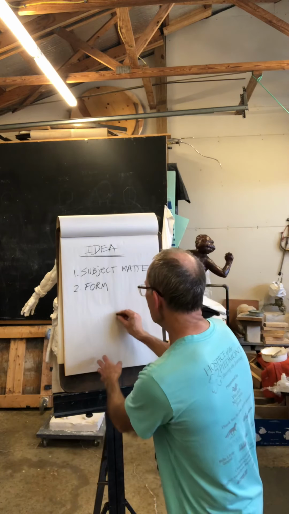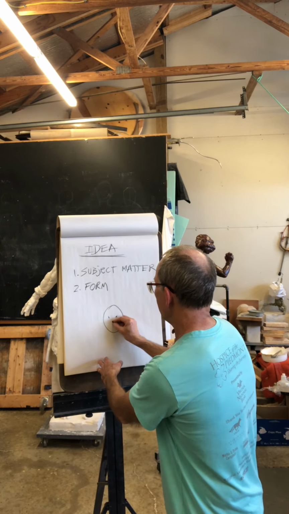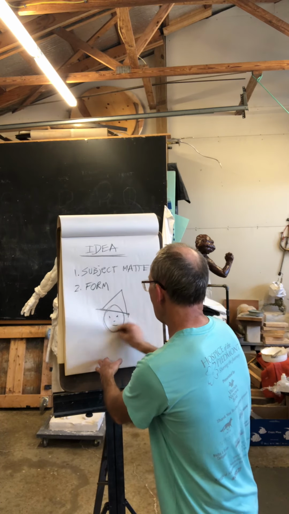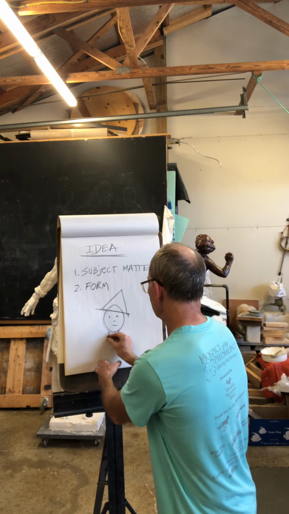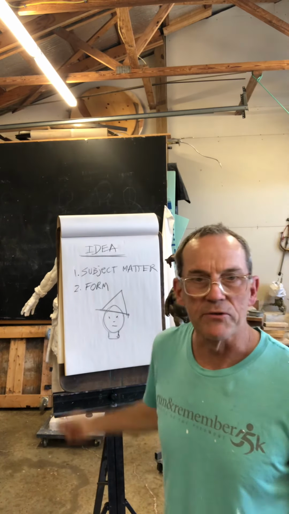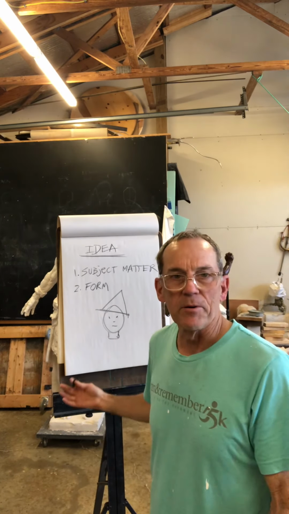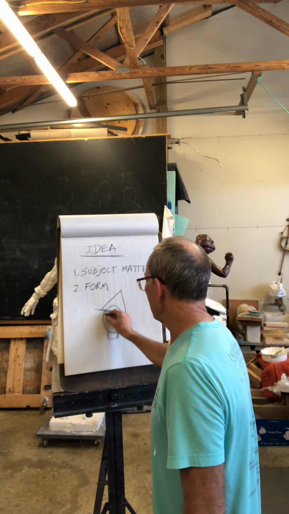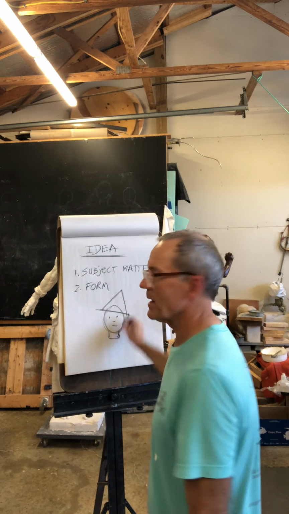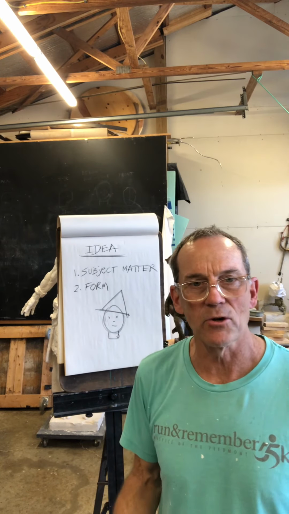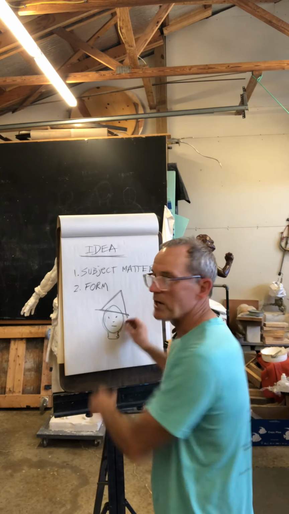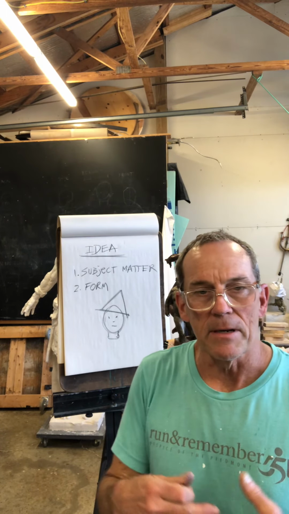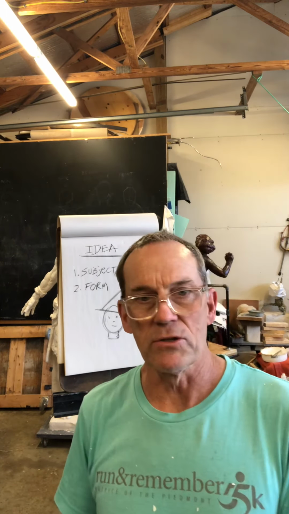So in other words, if I draw a person here with a funny hat, I would say in terms of subject matter, that's a person with a funny hat. In terms of form, what I have is an oval shape surmounted by a triangular shape, and those have graphic consequences. For example, a triangular shape is not just a triangle, it has implications in terms of movement.